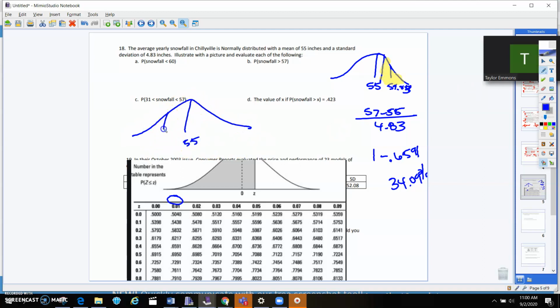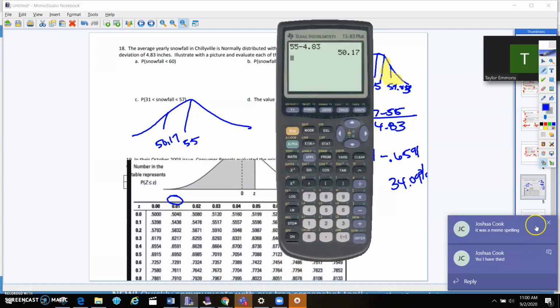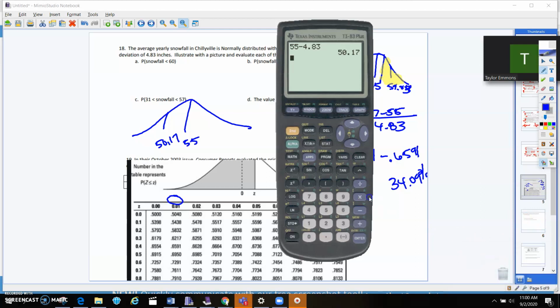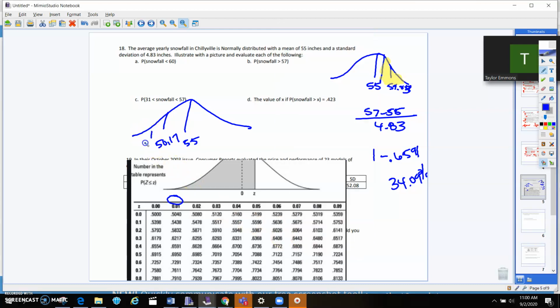So 55, 50.17, and then we subtract again: 50.17 minus 4.83 is going to give us 45.34. And we're going to go all the way down to 31. Really that's going to take us to the end, so we don't have to draw it completely out, but if you want to and it makes you feel good, all right, cool. But 57's right here, and then we're going to go over. Look at how messy that is.